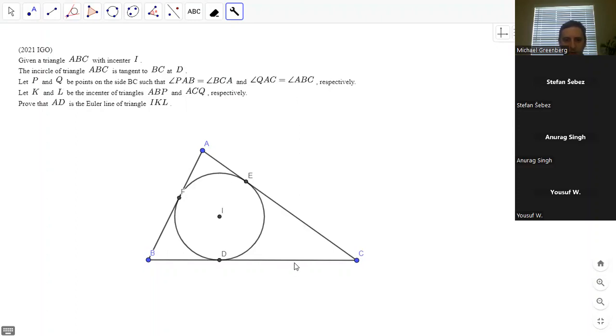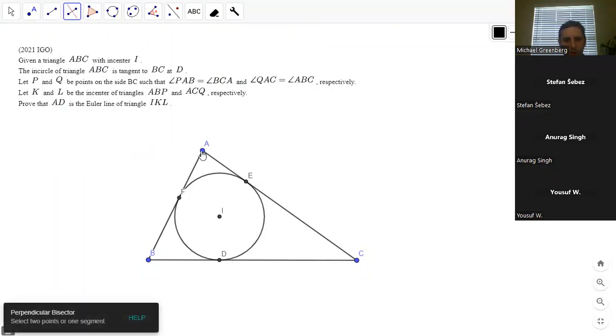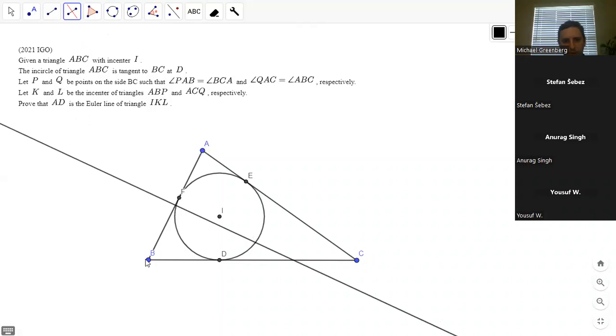So basically that would mean AC would be tangent to a circle through A and B. So we want to draw a circle with center on this line that's tangent to AC.